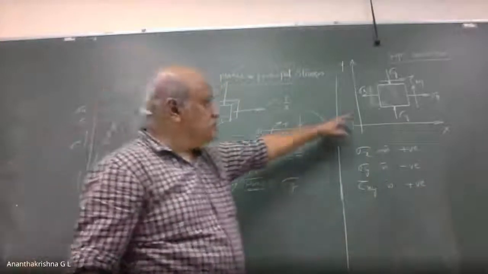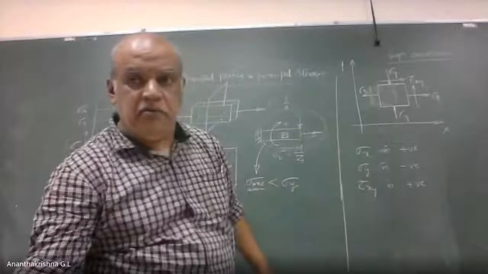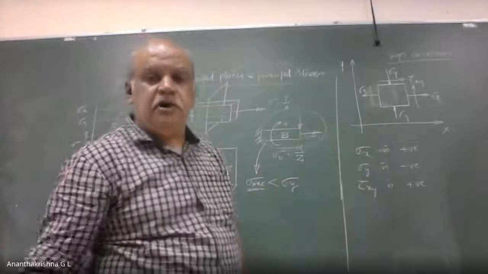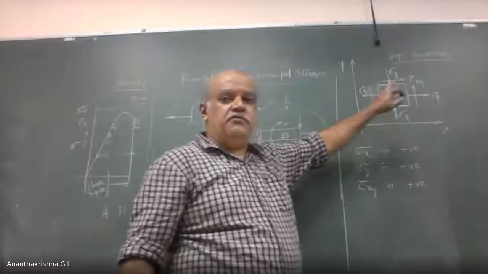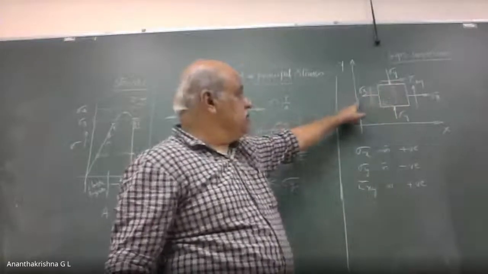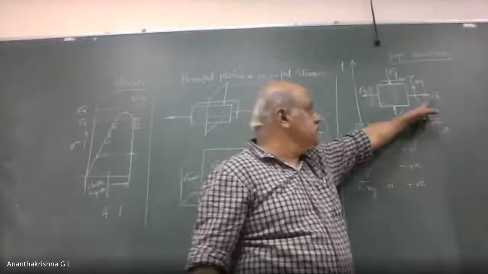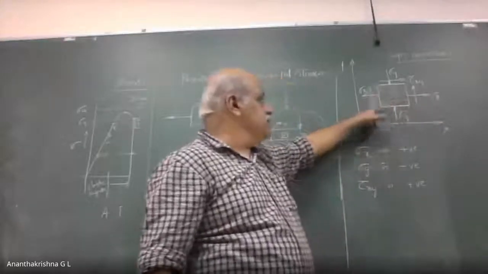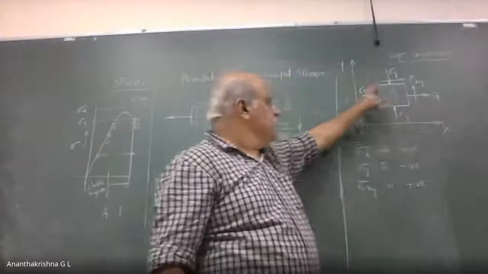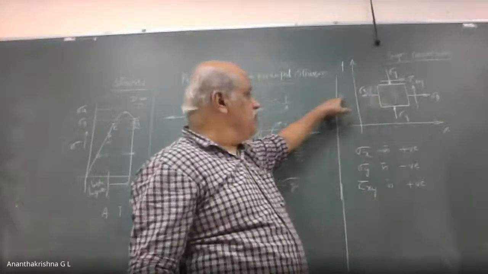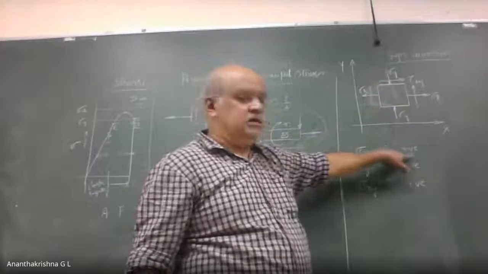So whatever I have shown here is a small element of an aircraft structure, or it can be a small element of a ship hull. It's subjected to a system of stresses: sigma x along the x-axis, sigma y along the y-axis, and tau xy on the surface. If it is acting away from the element, it is taken as positive.